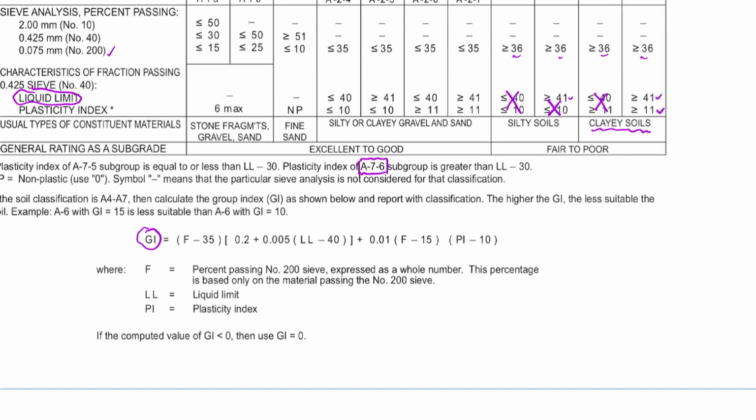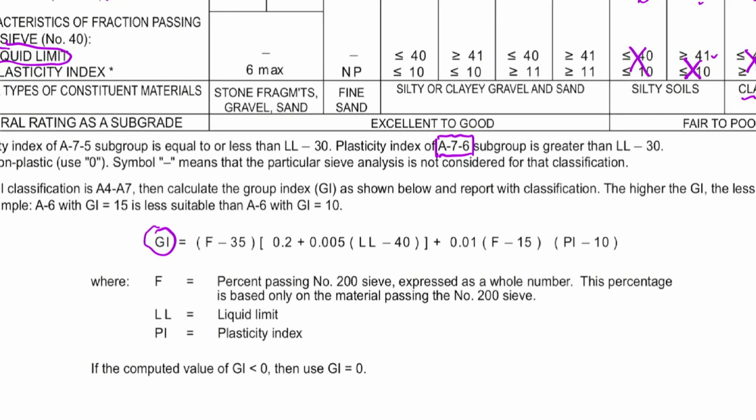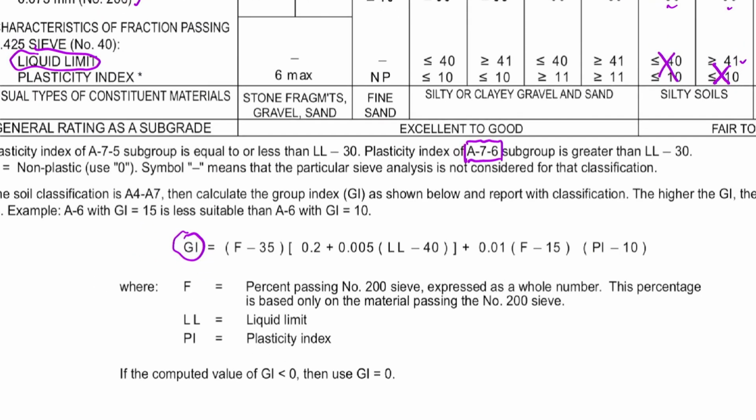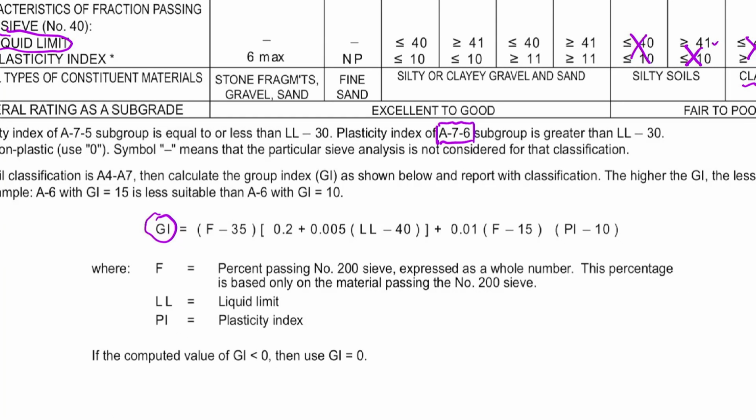Make sure you know how to use this equation to calculate GI. All these equations are here. The only thing I want to point out is this F value. The F value is the percent passing number 200, and you have to use it as a whole number.